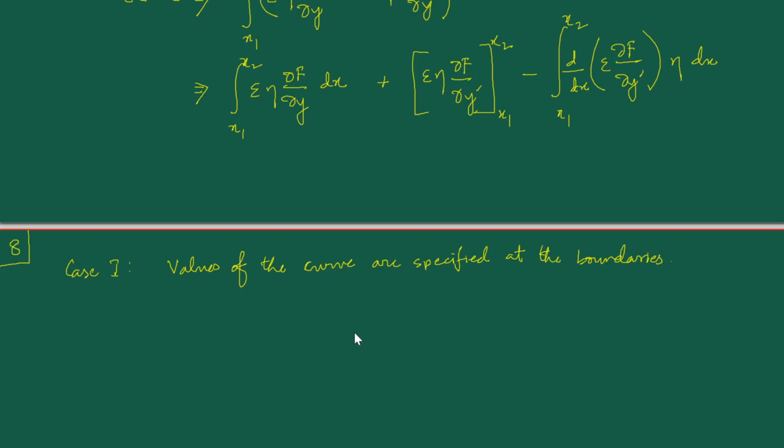What does that entail? That means that when we are taking another choice of our curve like this, the eta should be such that when x is equal to x1, eta is equal to 0, and when x is equal to x2, eta is also equal to 0. That is what is basically meant by this statement, that the values of the curve are specified at the boundaries.